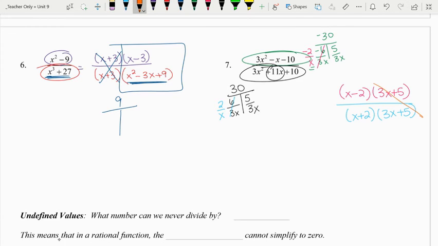Now, obviously the 3x plus 5's cancel, but the other two do not because one's a plus and one's a minus. So we can't start canceling everything and say our answer is negative 1 because they're not being multiplied, they're just being added on the inside. So that is our final answer.